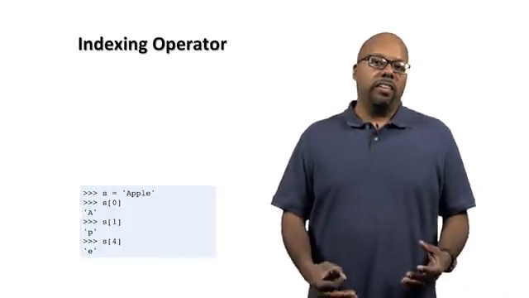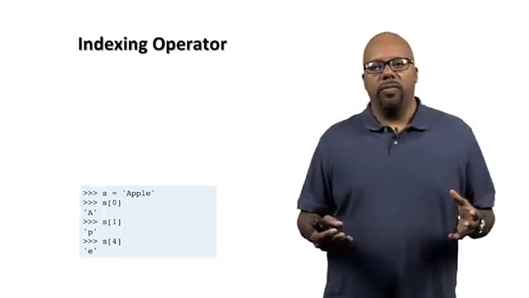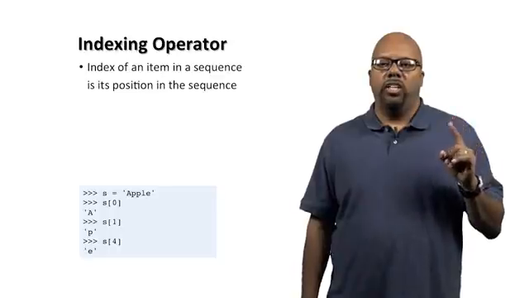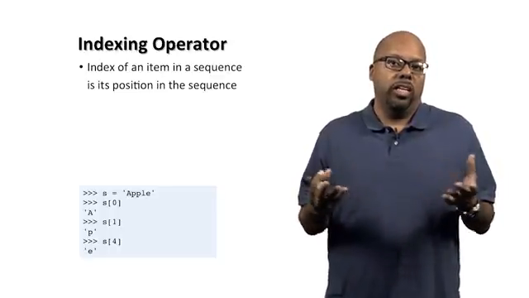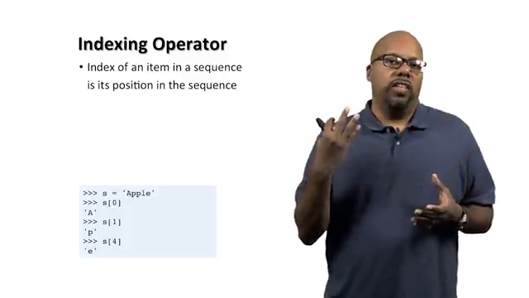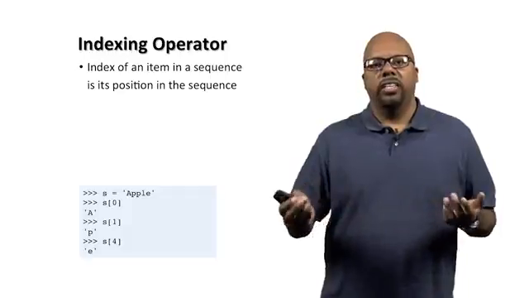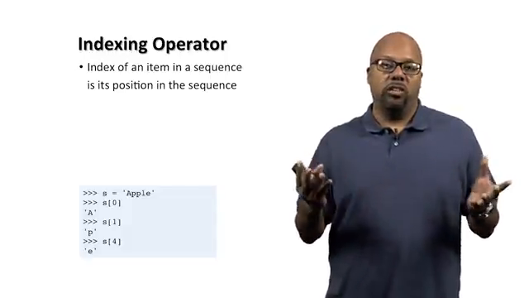Now there's the indexing operator. The indexing operator basically takes a string, like in this case, apple. Apple is our string. And you pass it inside the brackets an index number, an integer, which is the number of the character that you're looking for inside the string, and it'll return that. So s bracket 0, it starts counting at 0.